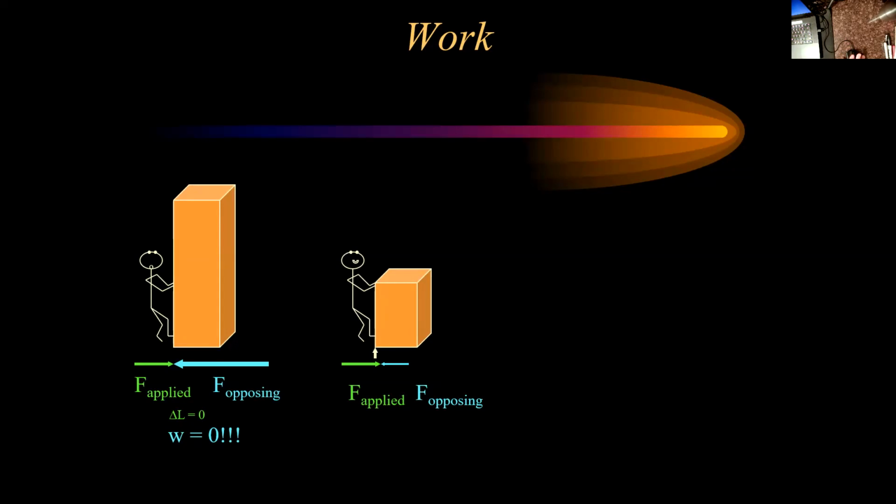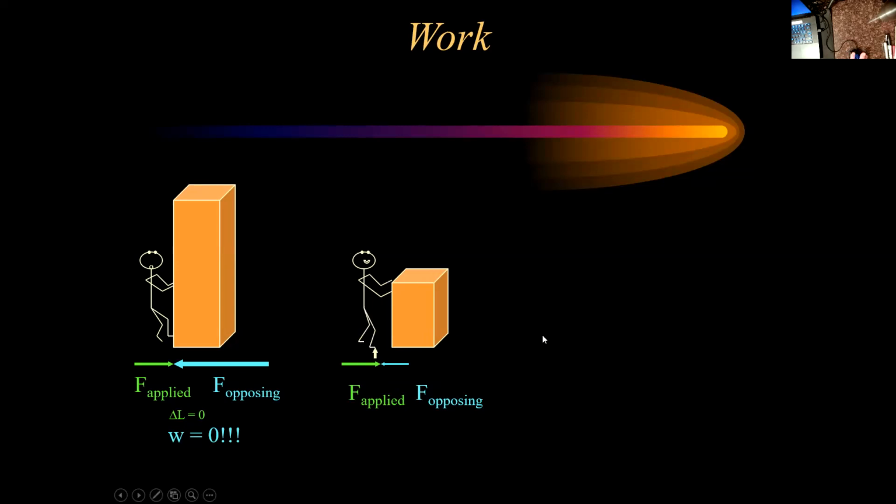That means it not only moves in the direction that you're moving it, but it will get faster and faster and faster. It accelerates in proportion to the net difference in force. So this guy would be running down the block like that because he's able to move the object from where it started to where it ended. So delta L isn't zero, and he did do some work.